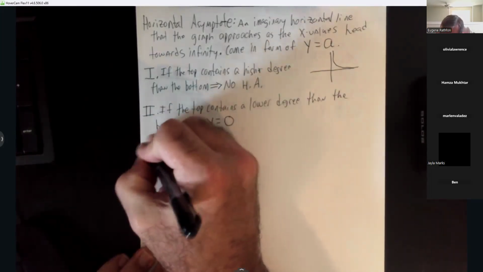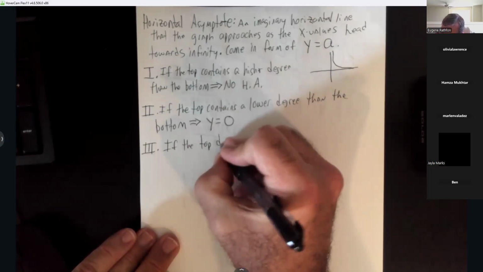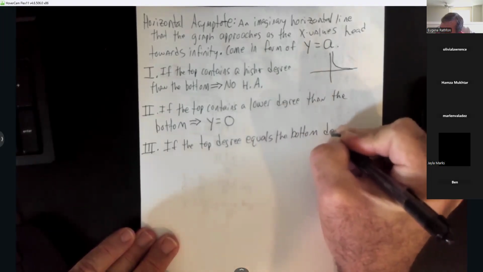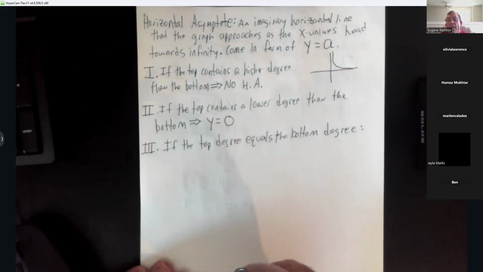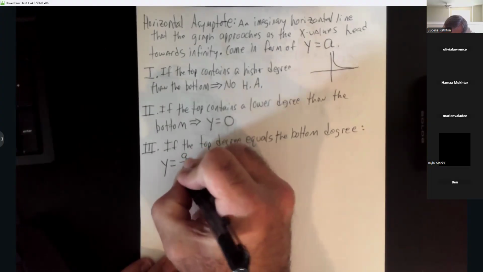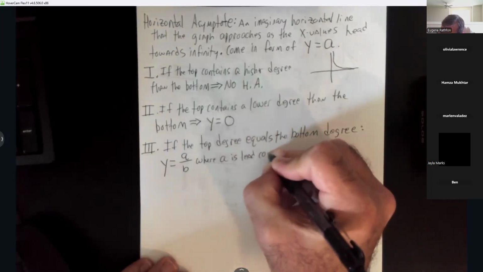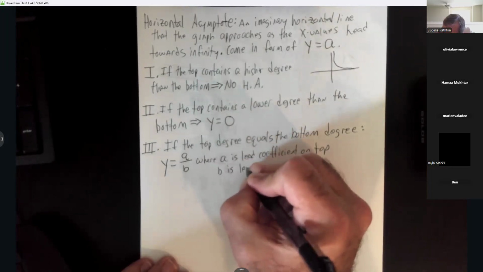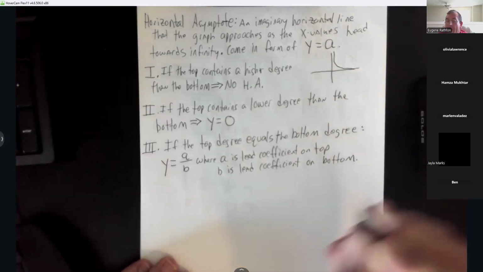And the third case: if the top degree equals the bottom degree, then y will equal a over b, where a is the lead coefficient on top and b is the lead coefficient on the bottom.